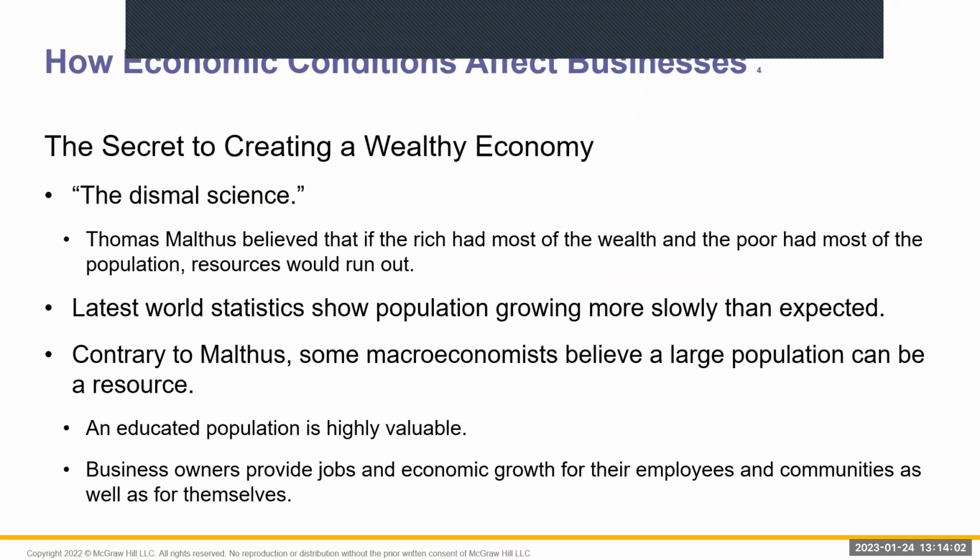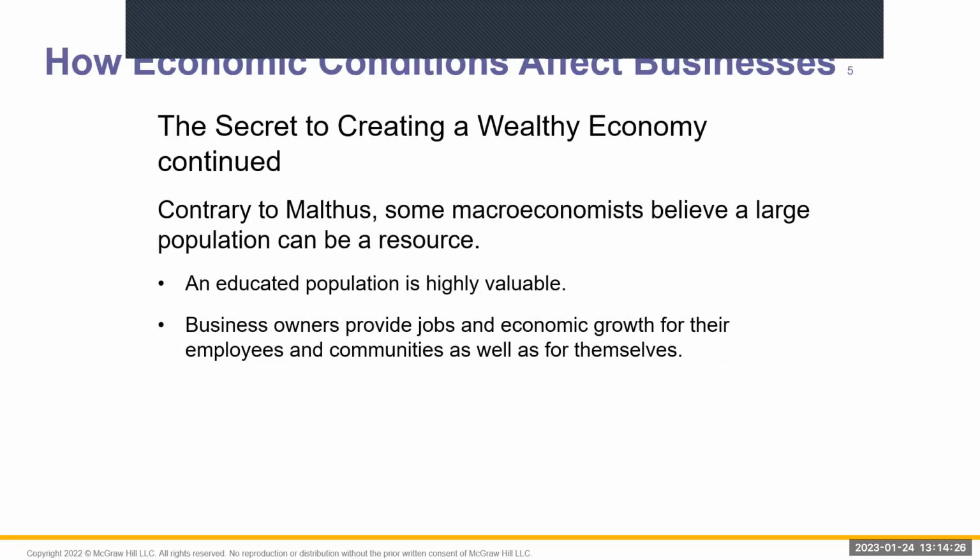Latest world statistics show the population growing more slowly than expected. Honestly, we're not growing as quick as we were 30 years ago. Contrary to what Malthus thought, some macroeconomists believe that a large population can be a resource. An educated population is highly valuable, and business owners provide jobs and economic growth for their employees and communities. So, there's a value to having a lot of people. People are a huge resource.